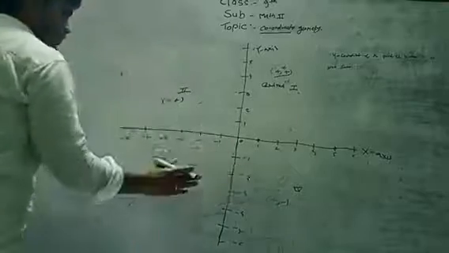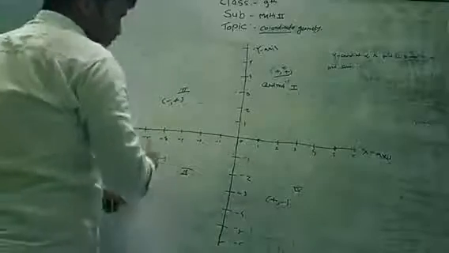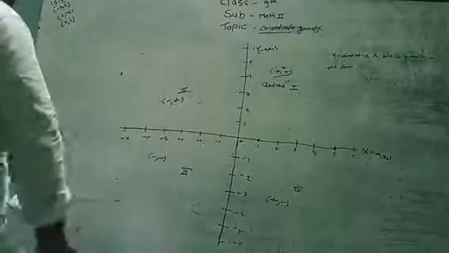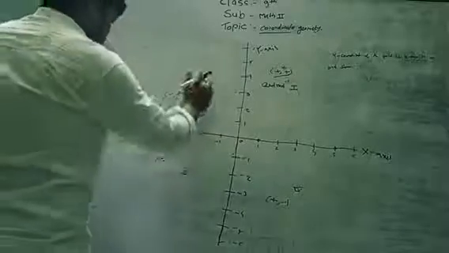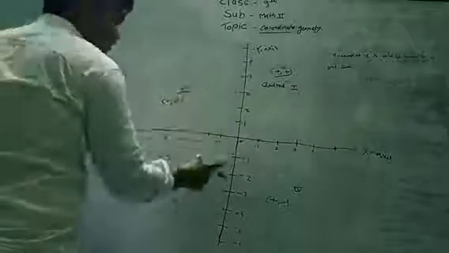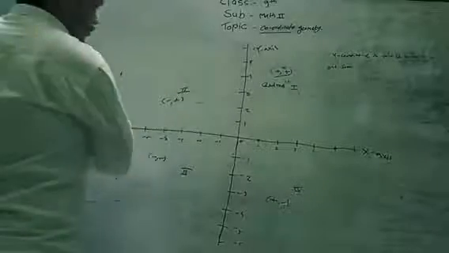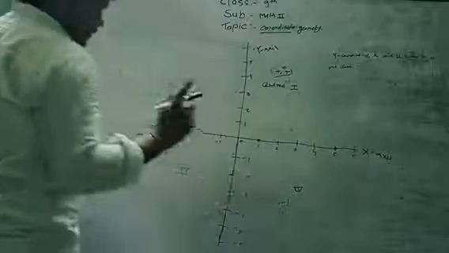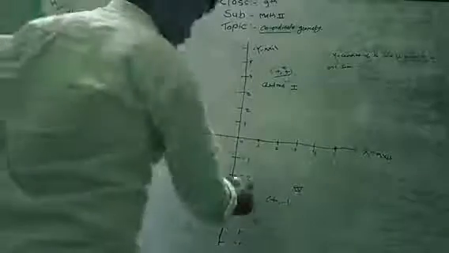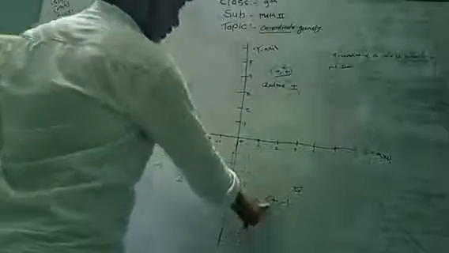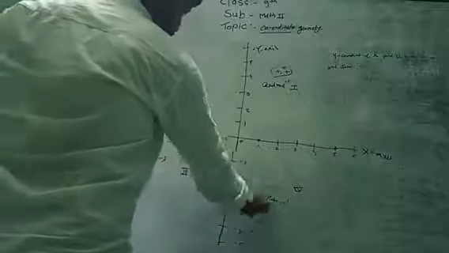If the point lies in the third quadrant, both are negative. In the second quadrant, the x coordinate is negative and the y coordinate is positive. In the fourth quadrant, the x coordinate is positive and the y coordinate is negative.